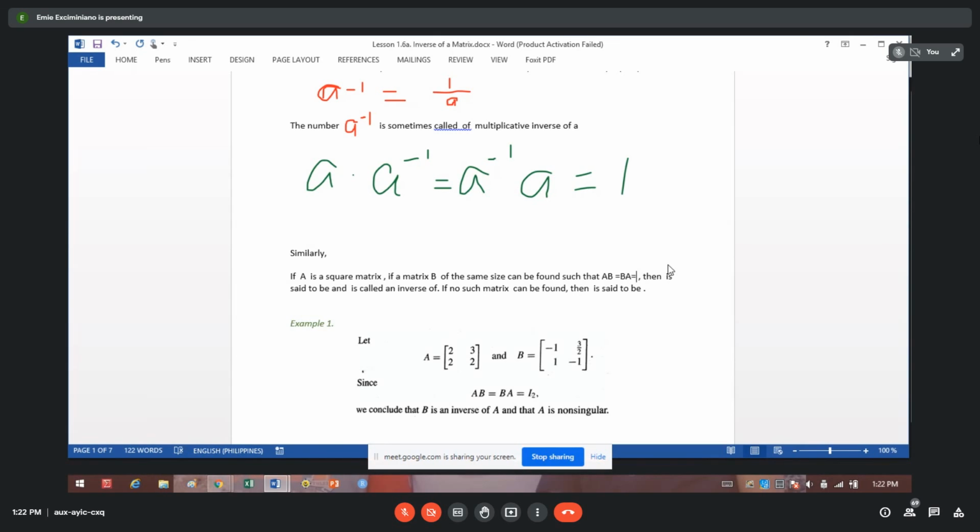Therefore, when one is the inverse of the other, or B is the inverse of A, or the other way around, A is the inverse of B, then the resulting product would be an identity matrix whose size is n by n. Okay? Then, so many things got deleted.